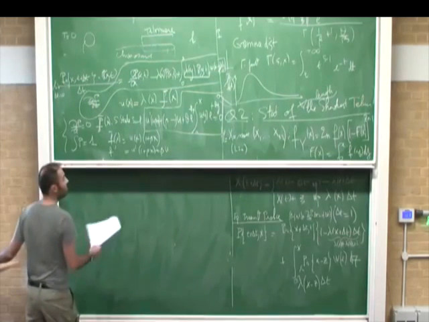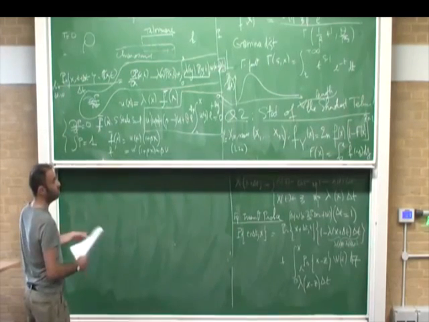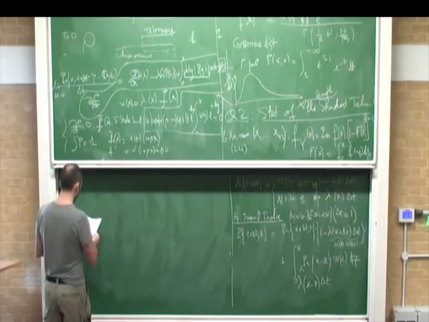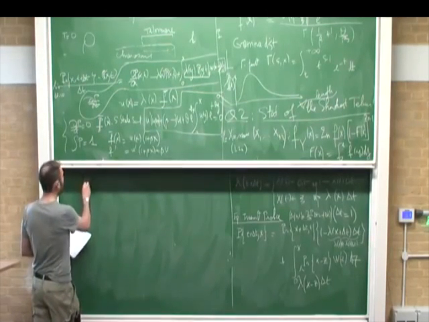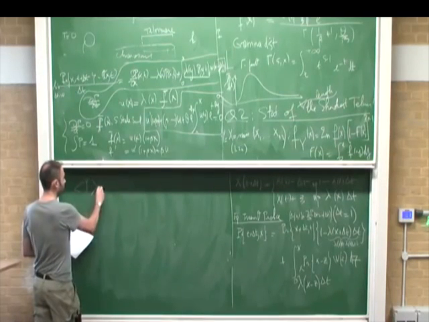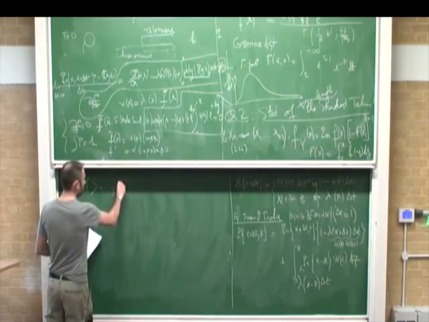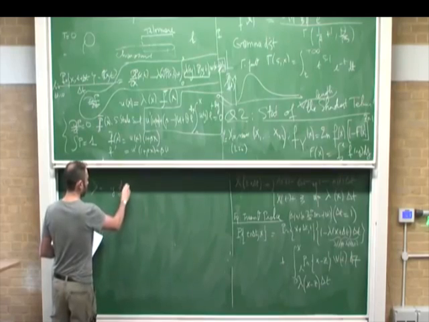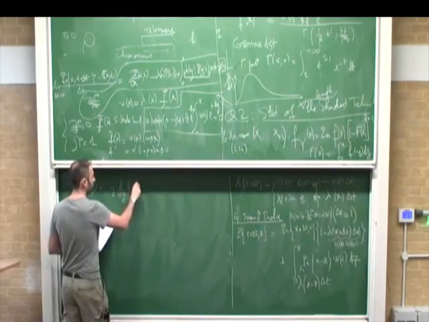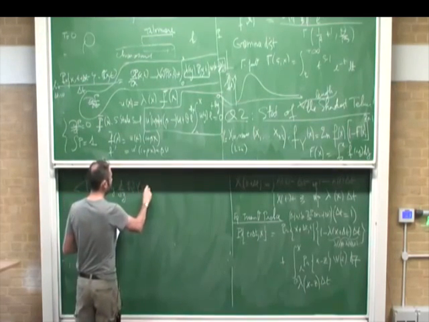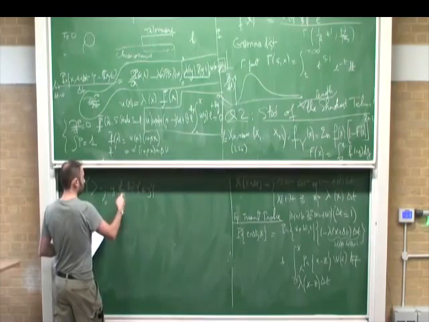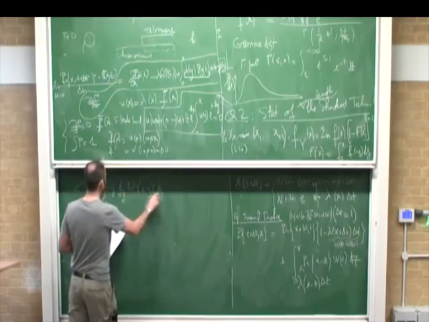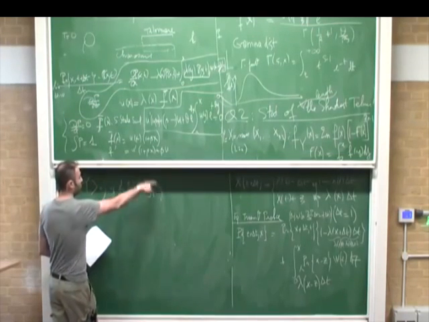So what is the mean of the length? We have to look at the first moment. Let's call it y mean. This is just the integral of y times the density of the probability that the length is less than y. By definition, this is the first moment of the length according to this distribution.